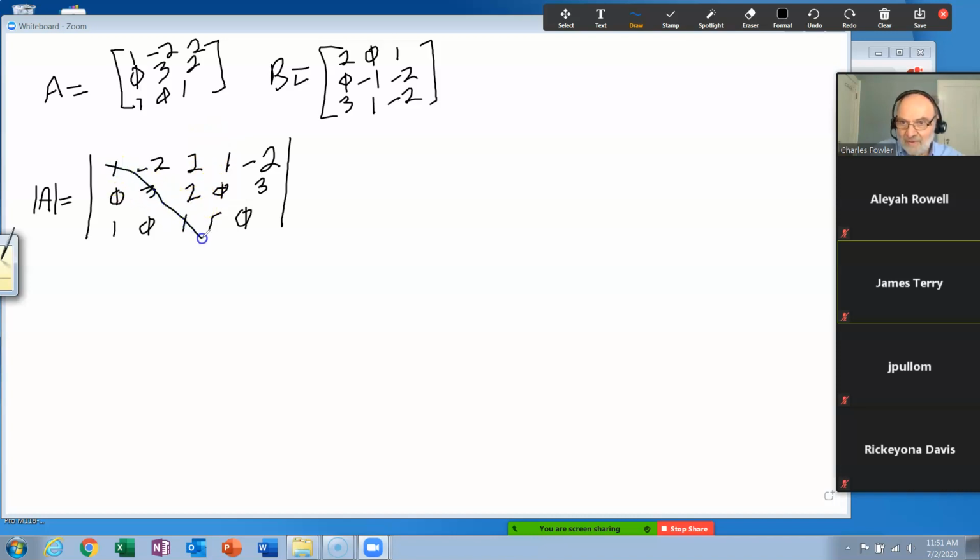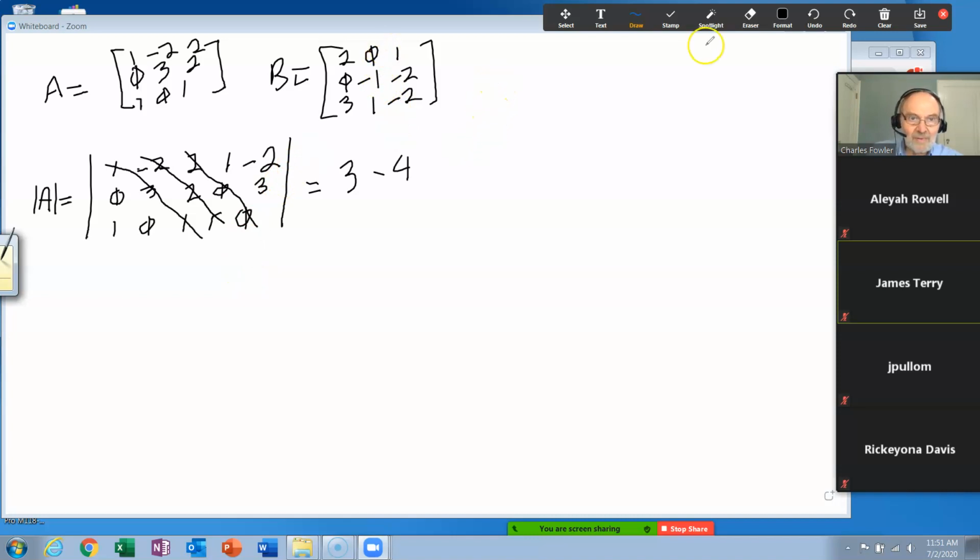Let's do down here, that's going to be 3. Multiply that first diagonal, 3. Multiply the second diagonal. That's a -4. Multiply the third diagonal. I can do that one. It's a 0.